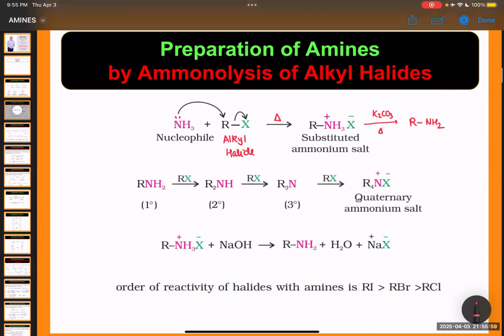Now the next thing is, suppose you are having fluorine, chlorine, bromine, iodine, what will be the speed? What will be the rate? The rate is going to be maximum for alkyl iodide because iodides can break more easily. Okay, they are the best leaving groups among all the halogens.